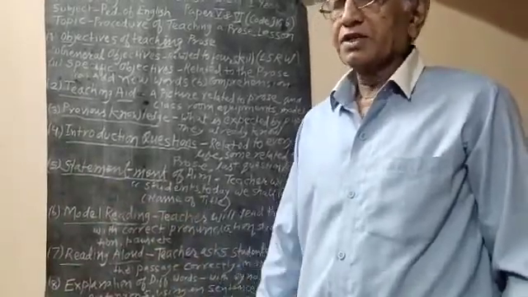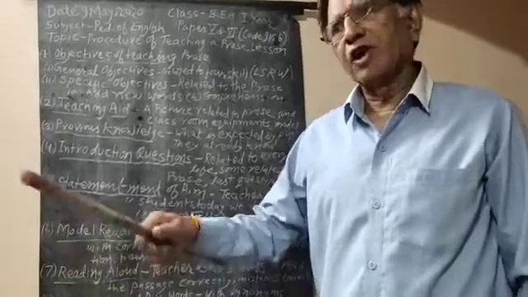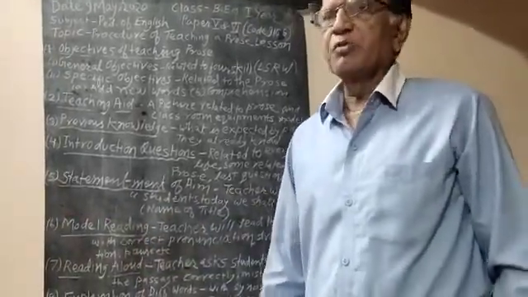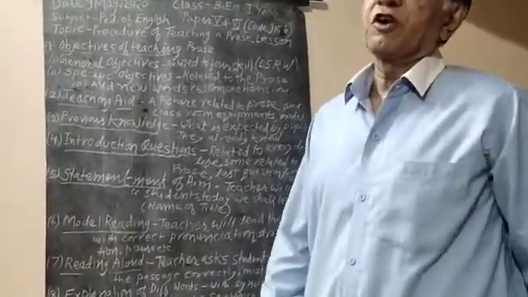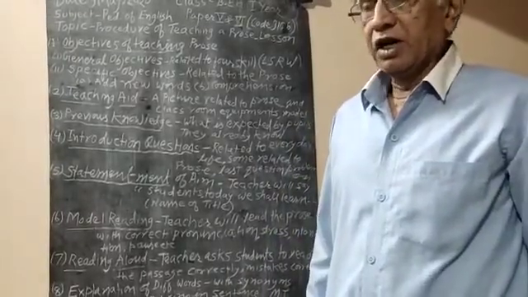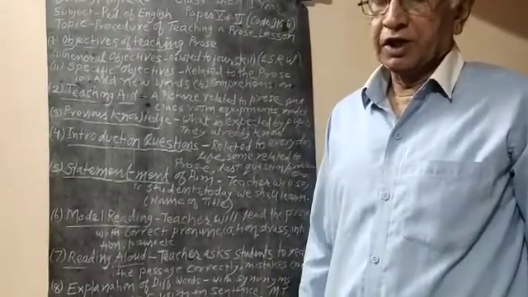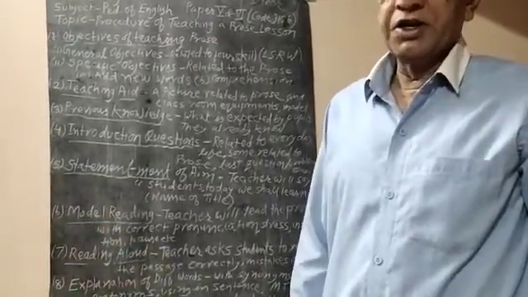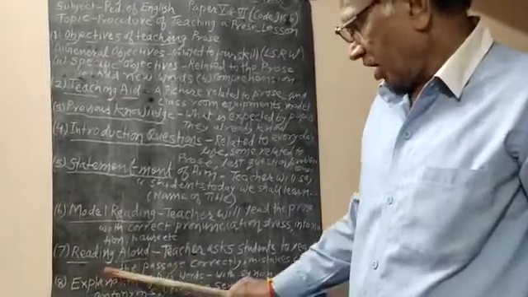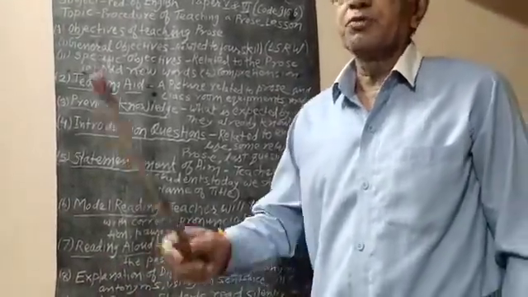Speak loudly, that is stress. Intonation means rising and falling of tone. Pause means stop for a while. These are the elements that should be observed carefully in the reading process. After reading aloud comes the explanation of new words.